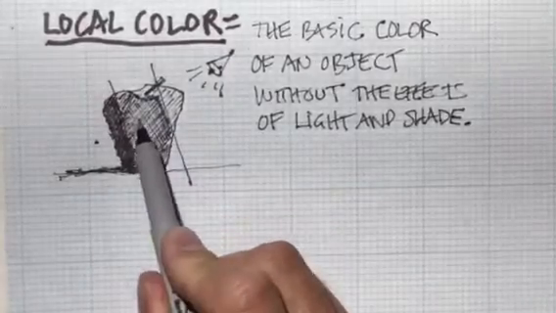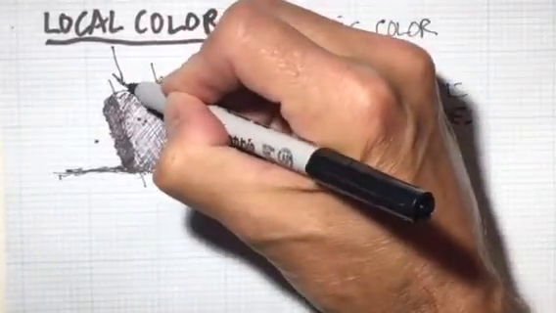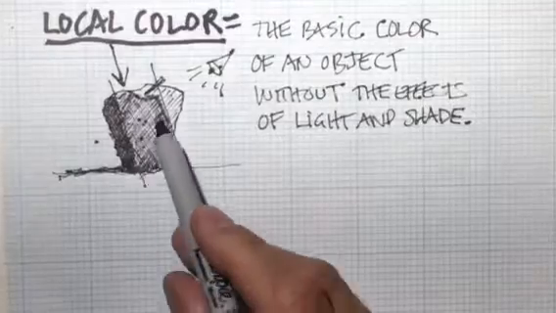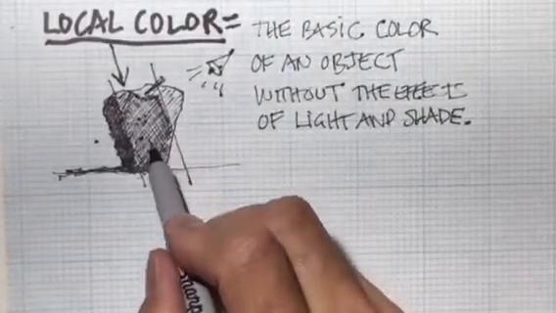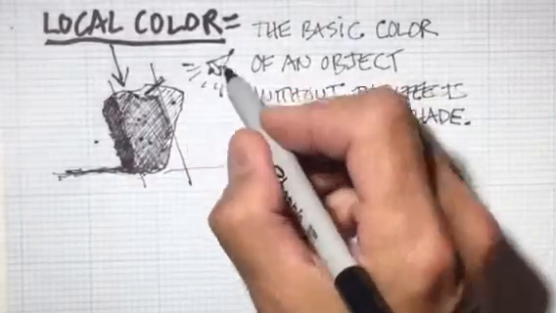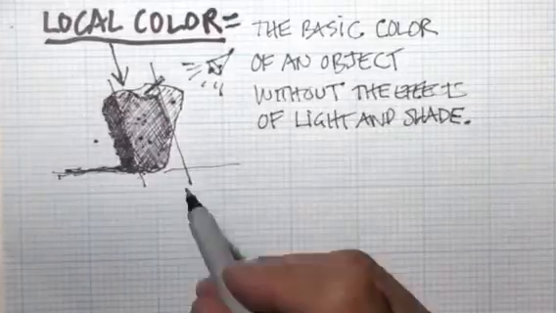The local, or basic color, is here. So that's the local color of the object, in this example an apple. And over here on this side, this is the light side of the object, so this is going to be the lighter color of the red.